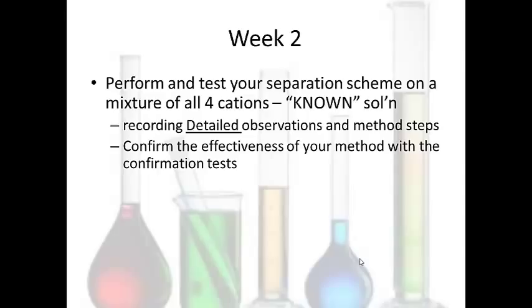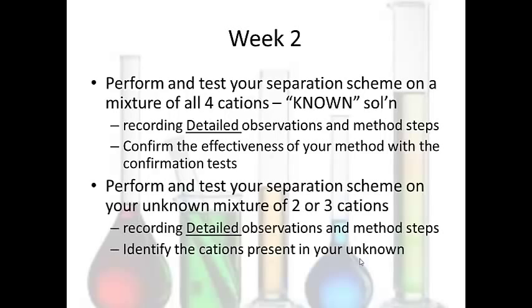So in week 2, you will perform and test your separation scheme on a mixture of all 4 cations, and this will be considered your known solution. You need to record detailed observations and what method steps you're taking. You will confirm the effectiveness of this method with your confirmation tests or confirmatory tests. So you will perform the separation, do your tests, and make sure that you were successful in separating all 4 of the cations.